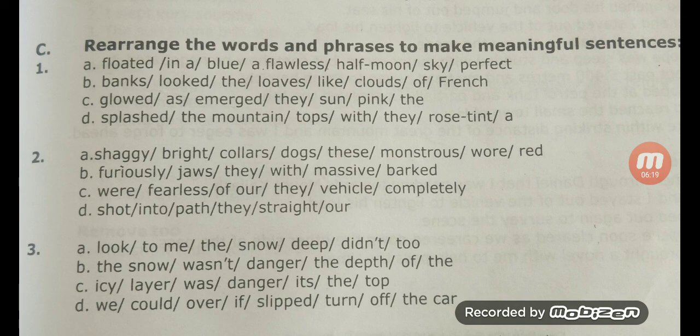Loaves over here means bread. C. They glowed pink as the sun emerged. D. They splashed the mountain tops with a rose tint.